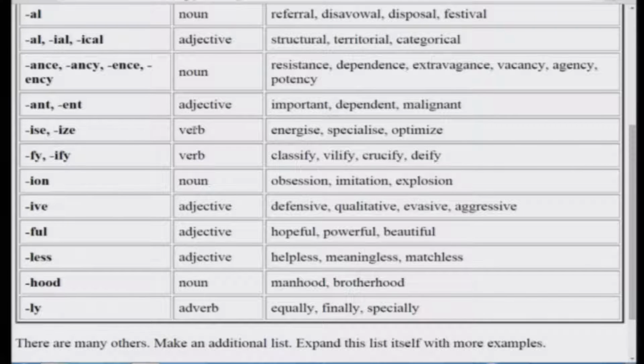And lots of verbs get formed like this: energize, specialize, optimize, and in the case of many words of this sort, the British spelling has S and the American spelling has Z. So, one needs to be careful about that, and sometimes the verb form uses S or Z and the noun form of the same thing uses C, and pronunciation is very close, but slightly different.